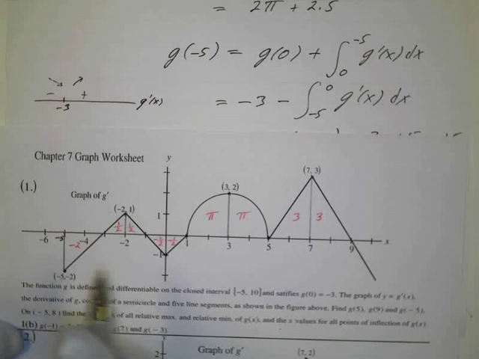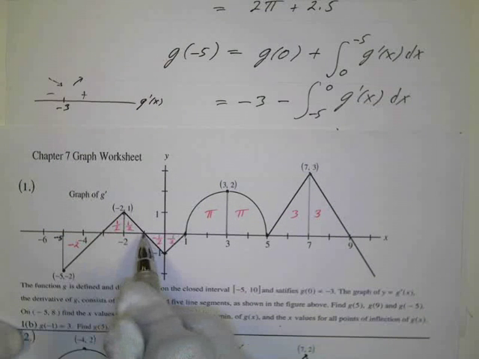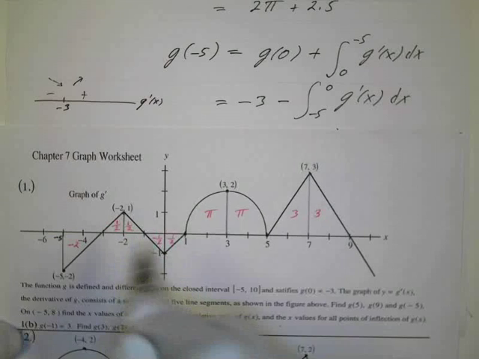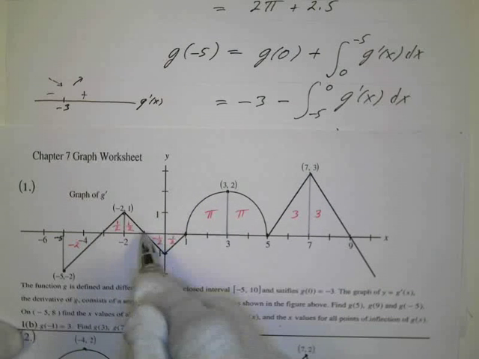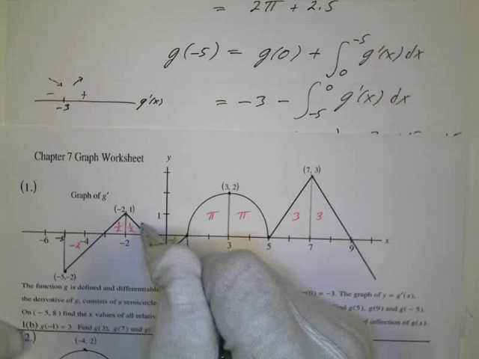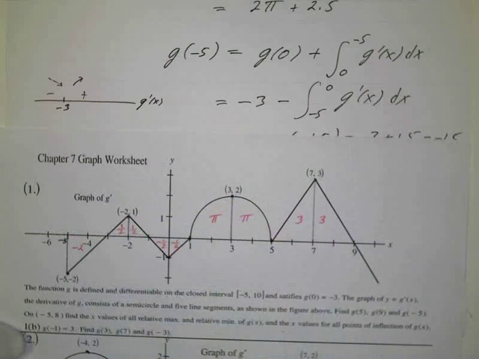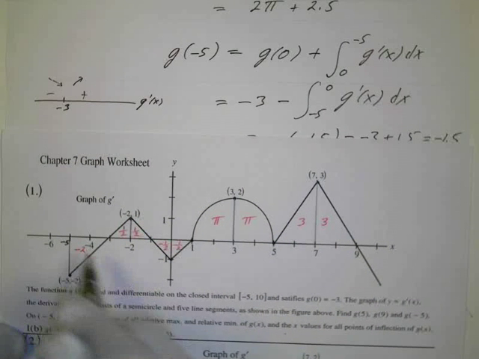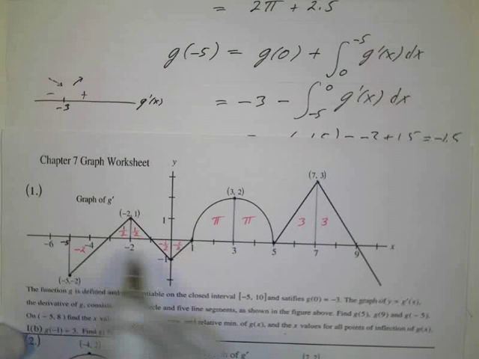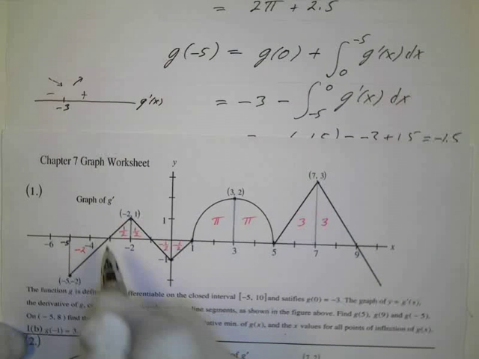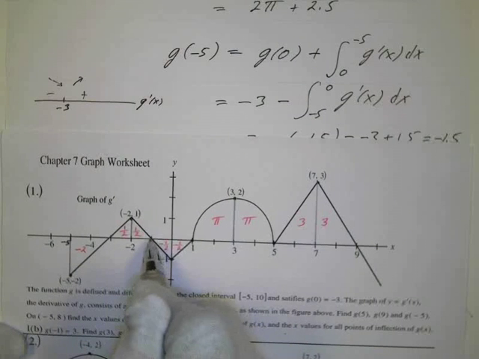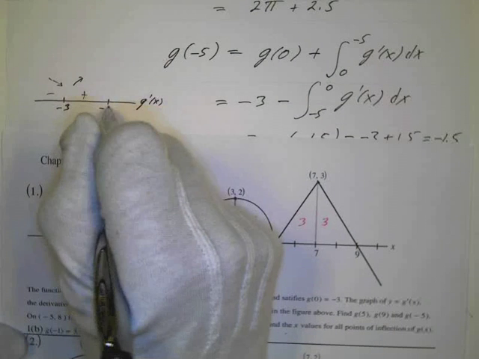Okay, so I have a relative max right here, because I'm changing, my slope is going from positive to negative. It's hard to see here, but the slope is positive, then negative. So that's what I would have. This would be negative 1.